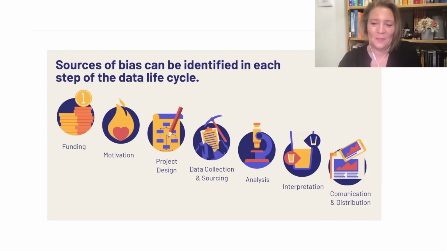So these are the 7 steps in the data journalism cycle. We've done funding, motivation, project design, data collection, and analysis. Then once you have your analysis, this is where you, as a data journalist, probably do most of your work in steps 6 and 7, which is interpretation and communication. That's primarily your job as a data journalist.